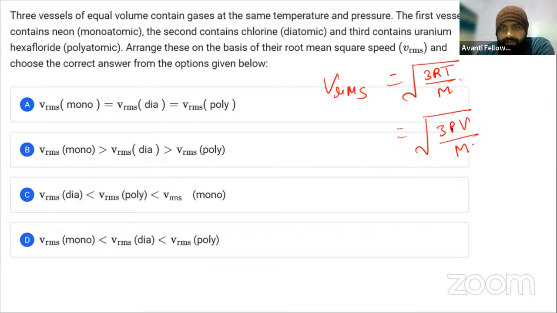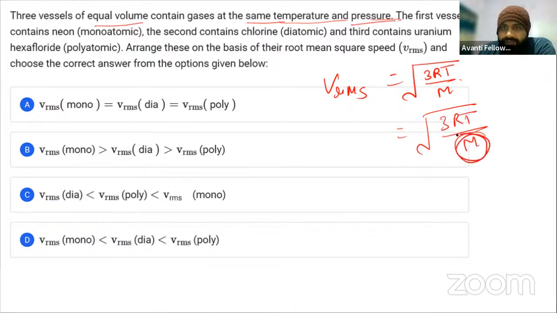Pressure is not given here, but temperature and pressure are the same. You can either do it by this also, because volume is also same. Equal volume, same temperature, same pressure. So it is 3RT upon M.